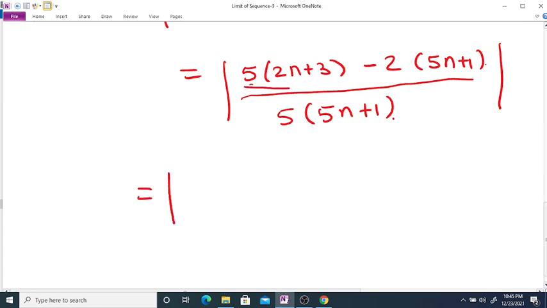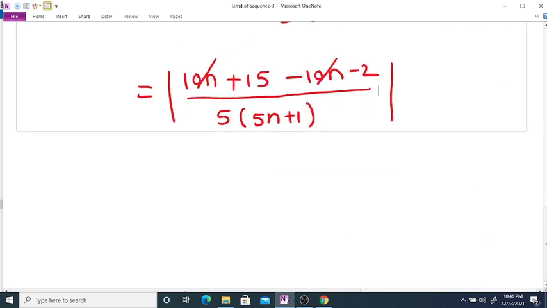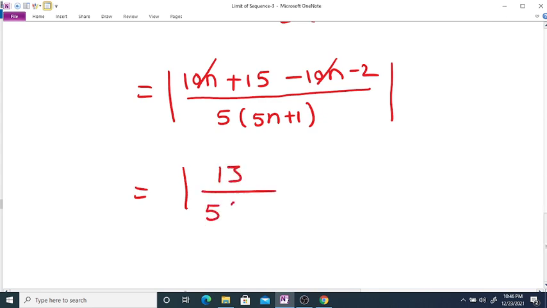If you solve the brackets, it is equal to (10n + 15 - 10n - 2) divided by 5 times (5n + 1). So the 10n and minus 10n get cancelled, and it is equal to 15 minus 2, so it is 13 divided by 5 into (5n + 1).